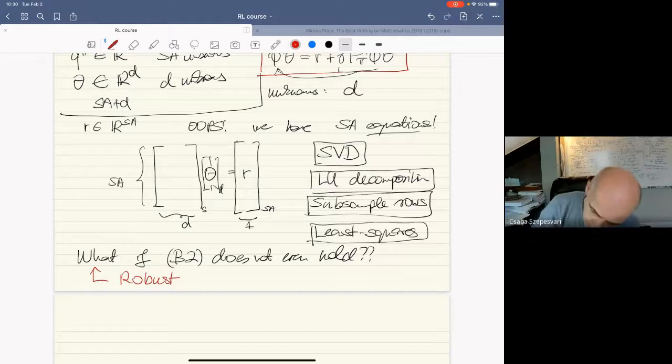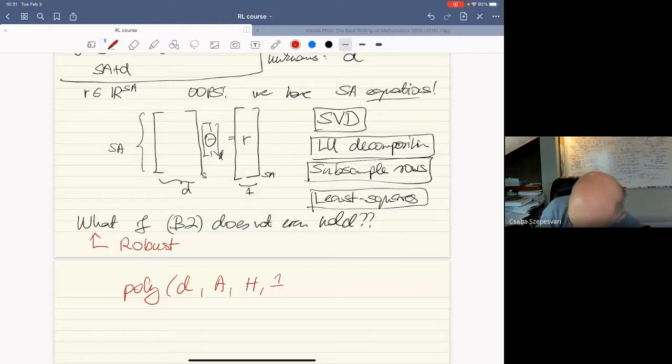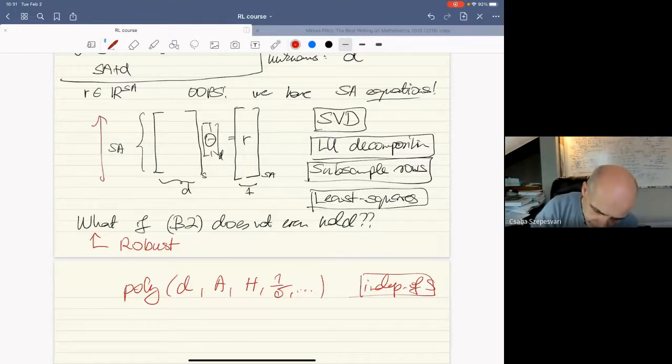Don't forget that we want polynomial time computation in D, A, and the horizon, independent of S. So any idea that involves just enumerating all the rows or going through all the rows is out of the question.